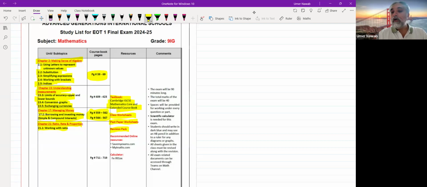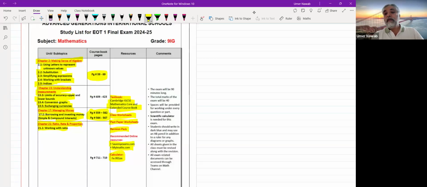If you want to do some practice from online resources, My iMaths is a very helpful tool which we use in doing our homework for the class. SaveMyExams.com. I love this website. You can just go to it, write any topic from IGCSE from your study list. You can practice questions over there. The calculator, which is my favorite calculator for IGCSE students, is the FX991EX.